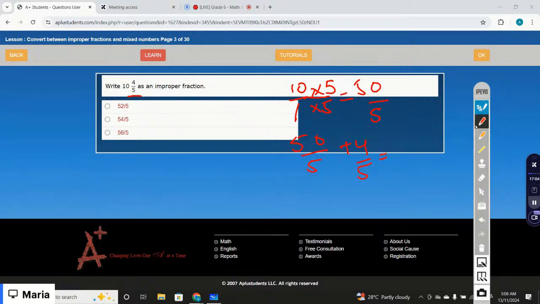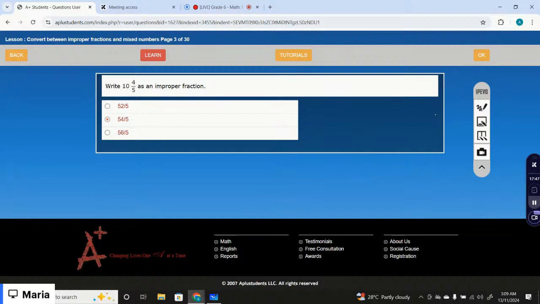So together they make 54 over 5. Option number 2 is the correct option.